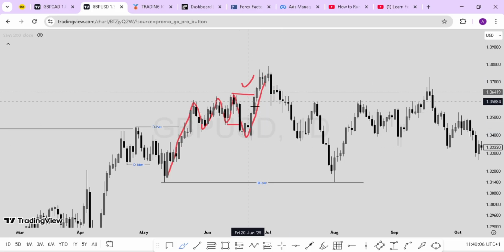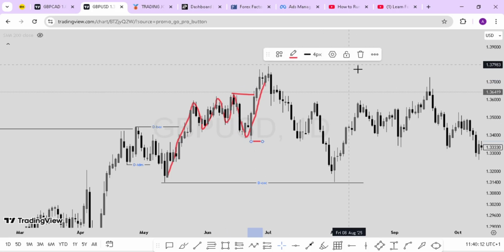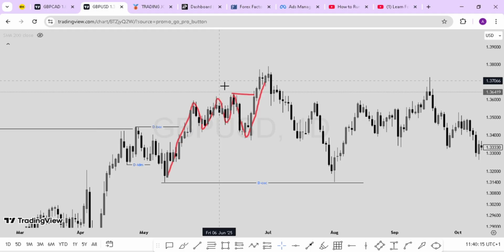Temporarily, this break of structure is not valid yet, because this low will serve as our inducement.